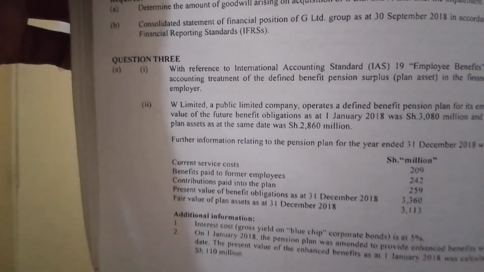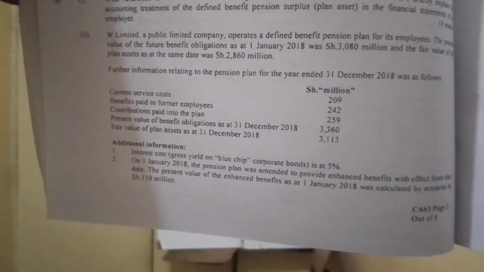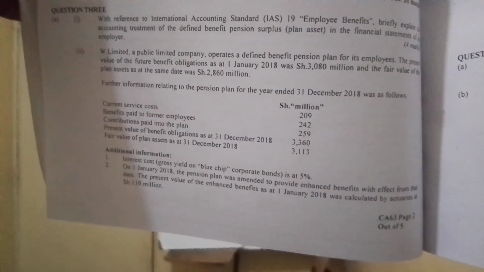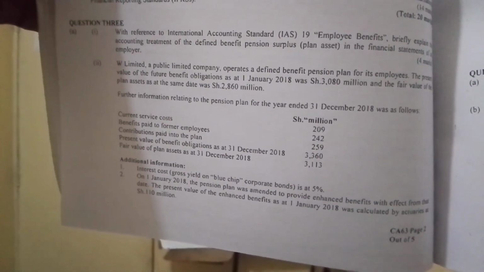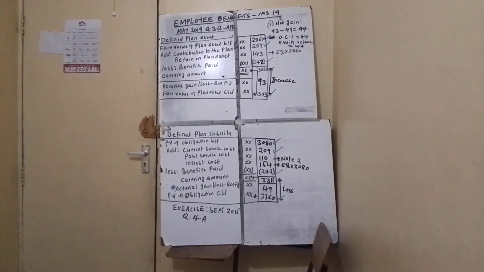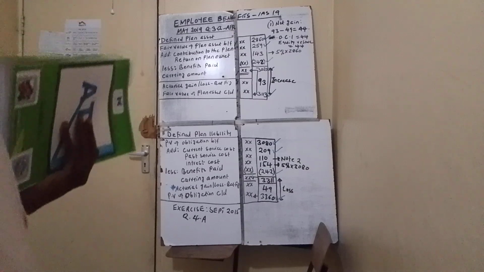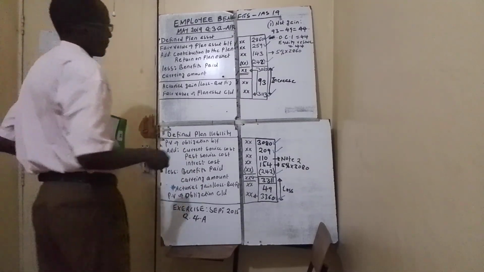Additional information number 1. Read that. Interest cost, gross yield on blue chip corporate bonds is at 5%. That is number 1. So what is the implication? That one helps us to calculate two things.